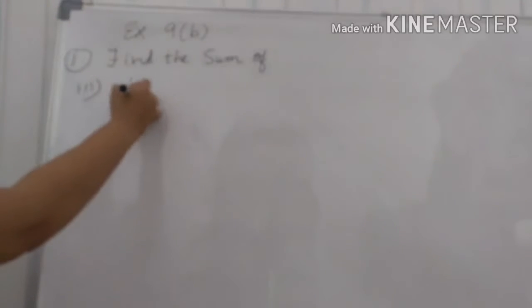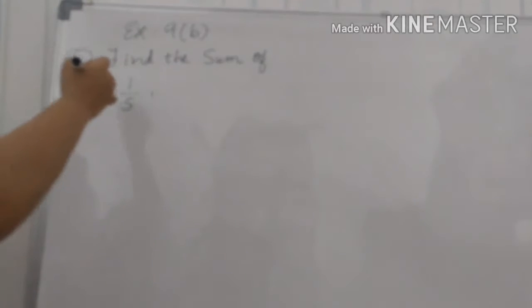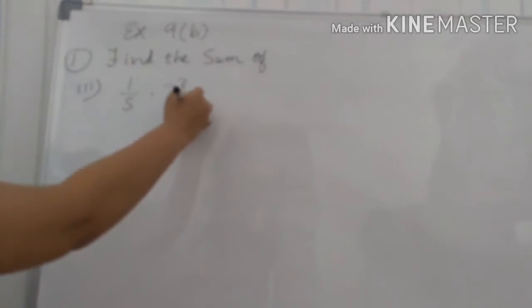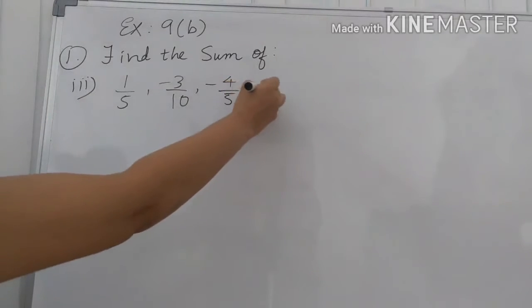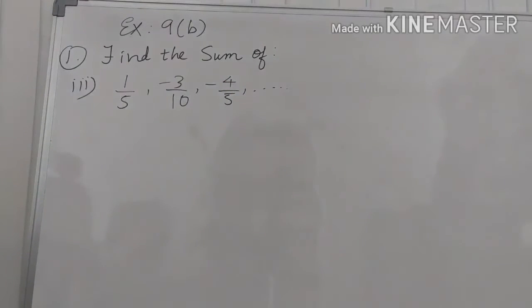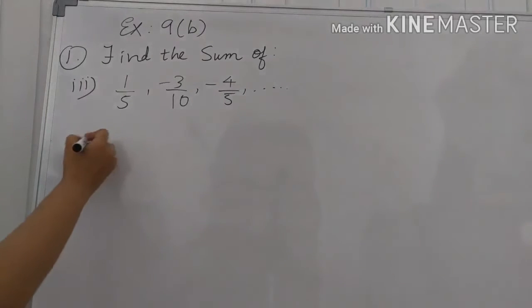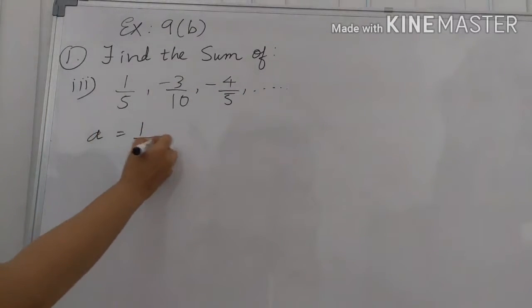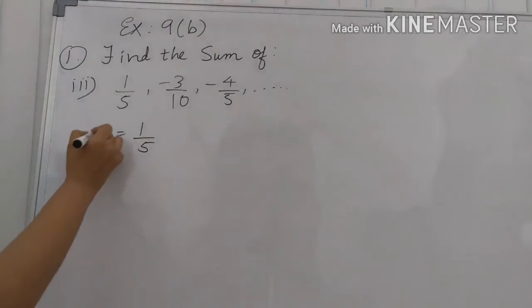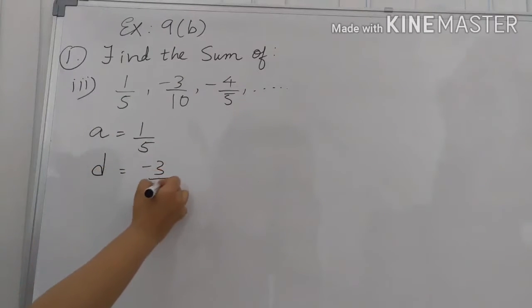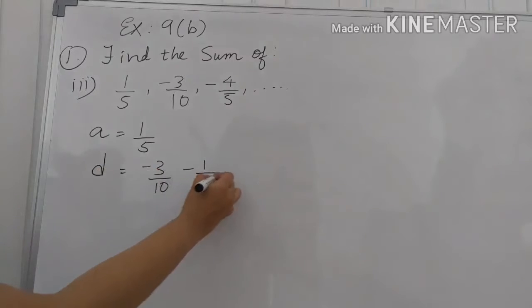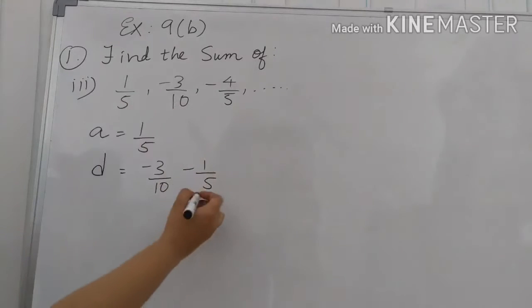Here the AP is 1 by 5, then minus 3 by 10, and then minus 4 by 5, and so on. This is the AP given. Now from this AP I can write our first term denoted as a, and common difference d is equal to minus 3 by 10 minus 1 by 5, second term minus first term.